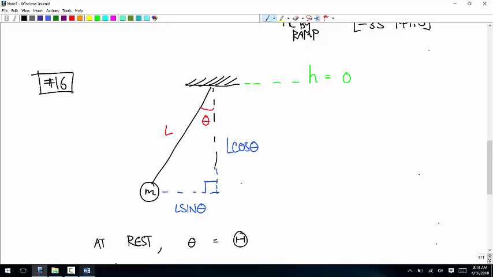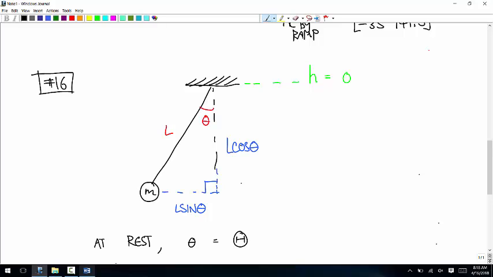Kinetic energy is always positive. Potential energy can be negative because you can choose your 0 height anywhere you want. If you chose your 0 height to be at 30,000 feet, then everything that happens on the surface of the Earth would have a negative potential energy.